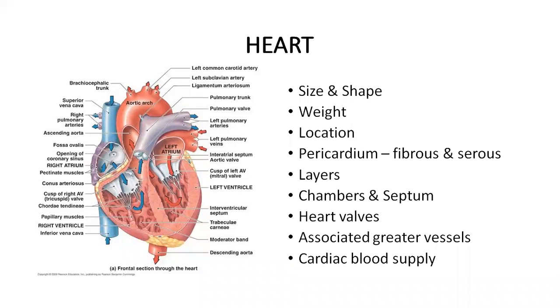Then comes the pericardium. What is the pericardium? It is a double-walled sac enclosing the heart, also considered the outermost layer of the heart. Two types of pericardium are there: fibrous and serous. The fibrous pericardium is loosely fitted in the superficial part, which protects the heart and anchors it to the diaphragm and sternum.